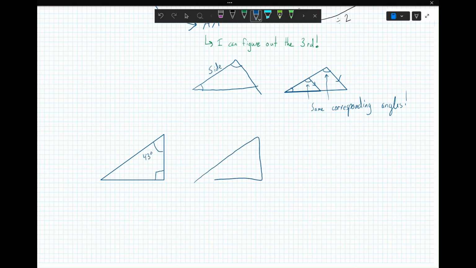And if I find another right triangle, all I know is that it's a right triangle and that this is 43 degrees. Do these two triangles have to be similar?